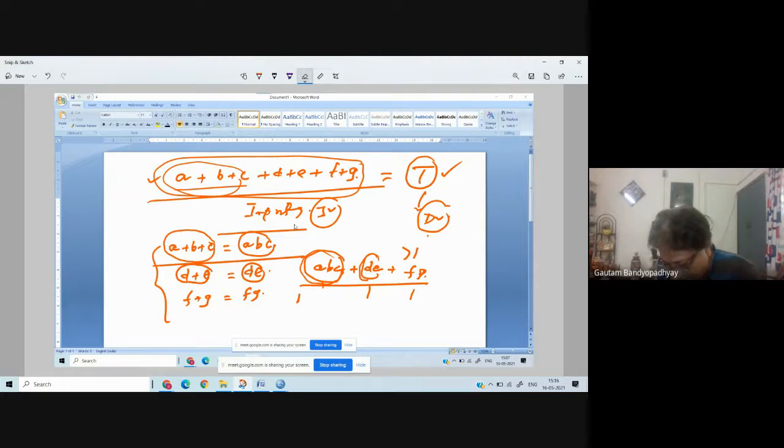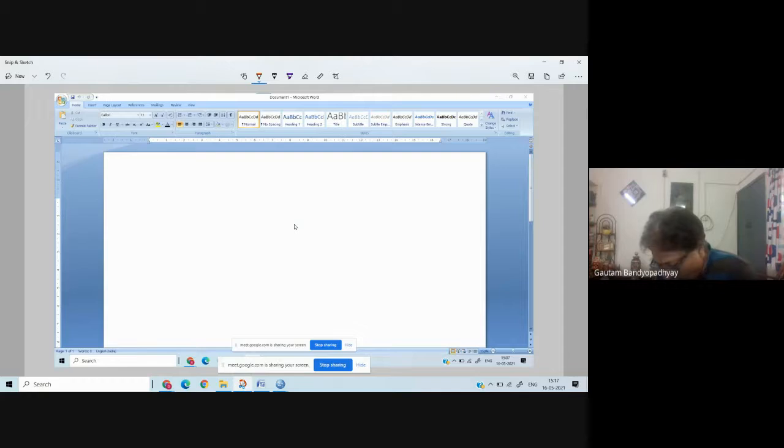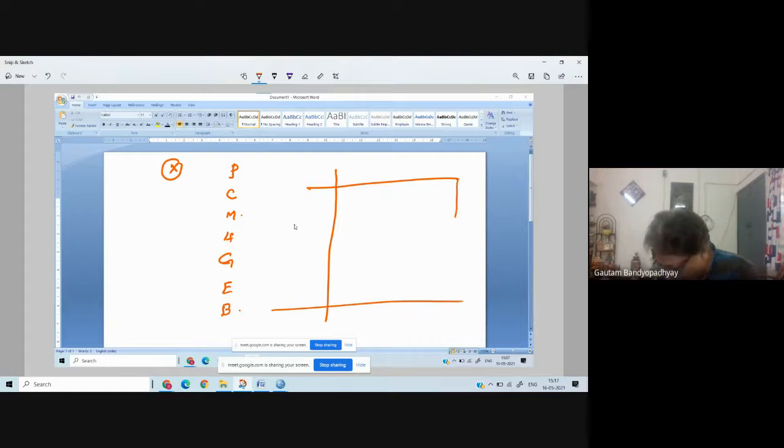Say, in our class 10 level, we have studied 7 subjects: physics, chemistry, mathematics, history, geography, English, and Bengali. So these are the 7 subjects, and this is called a data matrix.